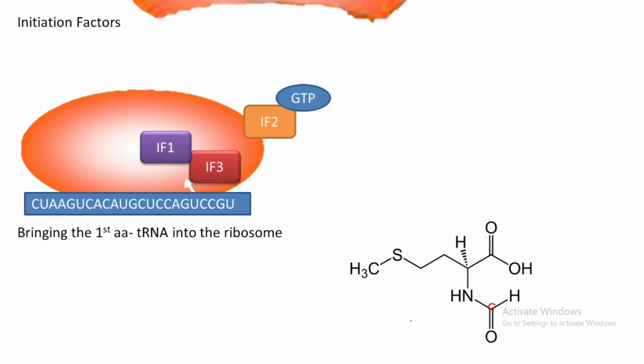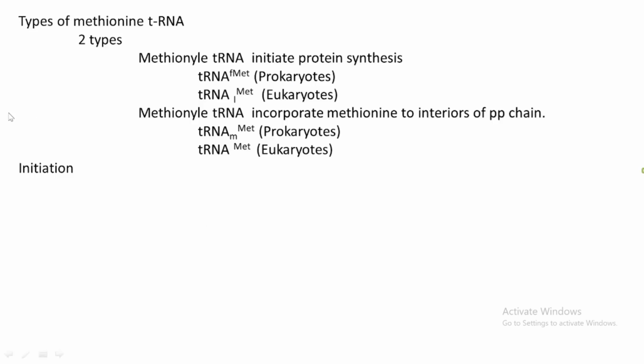Next, we are going to see different types of methionine tRNA, that means tRNA carrying that methionine amino acid. Two types of methionines are there. The methionine that initiates protein synthesis by being added to the beginning of the polypeptide chain, that methionine tRNA is different in prokaryotes and eukaryotes.